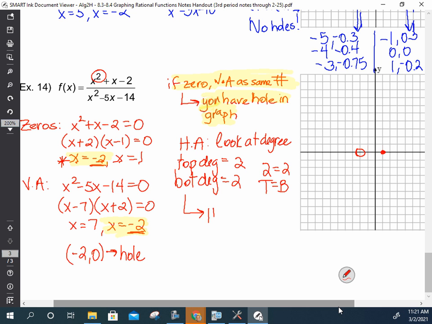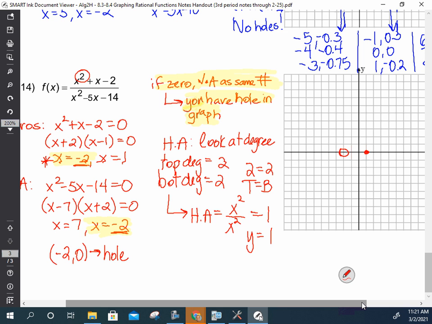So that means to get the horizontal asymptote, we divide. X squared divided by x squared is 1. So y equals 1. And let's see. So we got 0, we got vertical asymptote, we got horizontal asymptote.